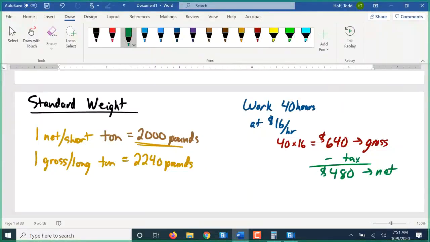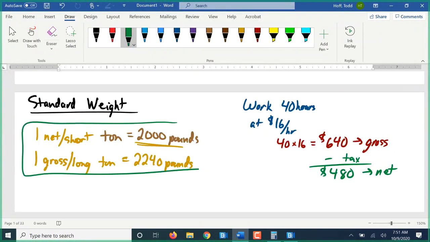Same kind of thing happens over here with our tons. The ton was originally used for measuring grain. You could not just throw a ton of grain on a scale. It had to be in a container. So the container that held 2,000 pounds of grain weighed around 240 pounds.